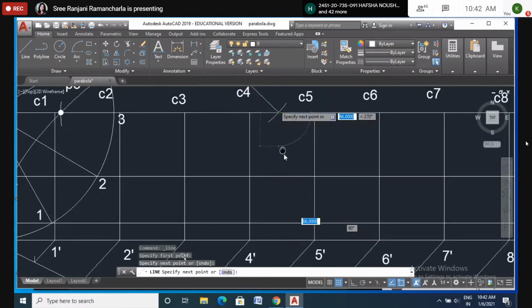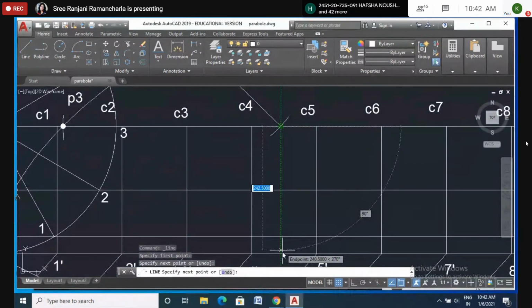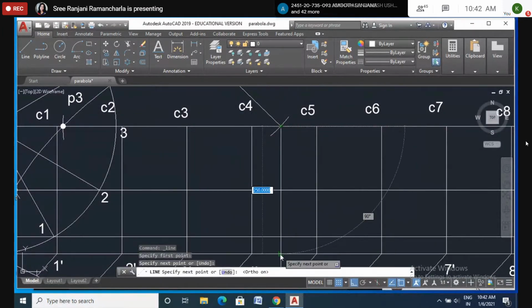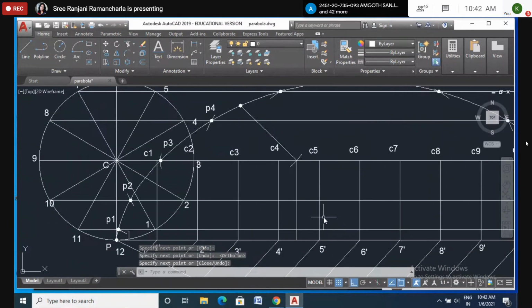Now from M, you mark a vertical line, only a vertical line touching the base line. Okay. Let me write the text here also.